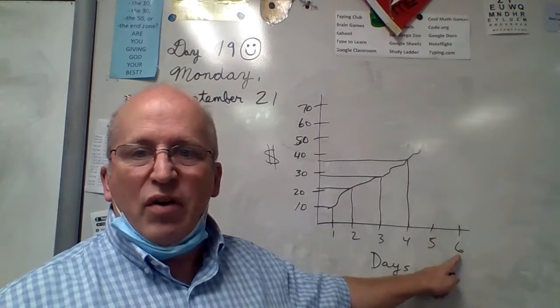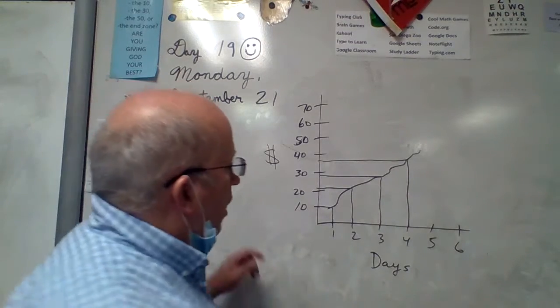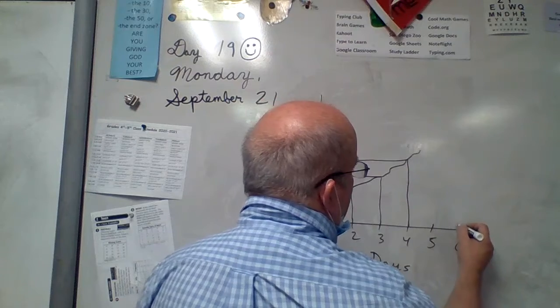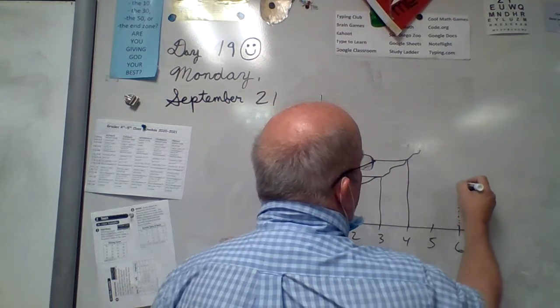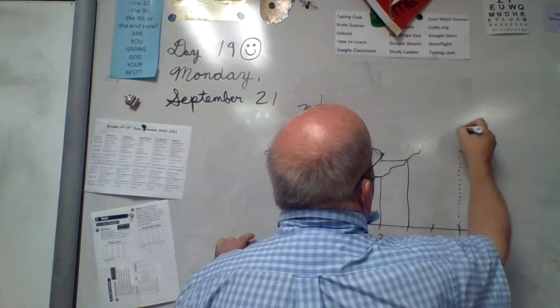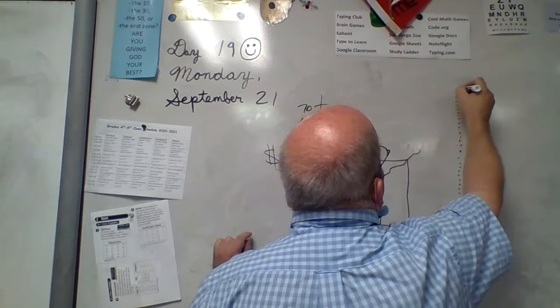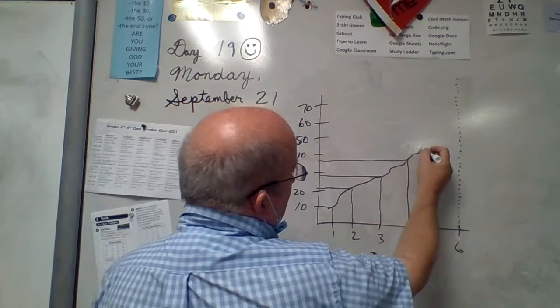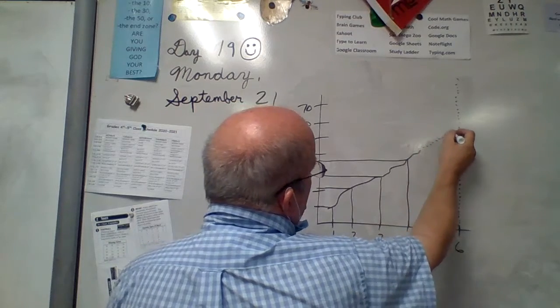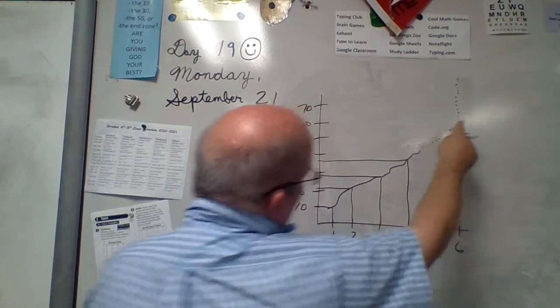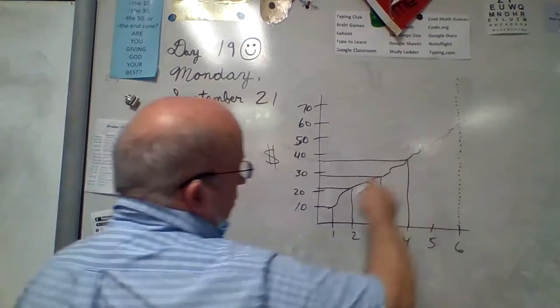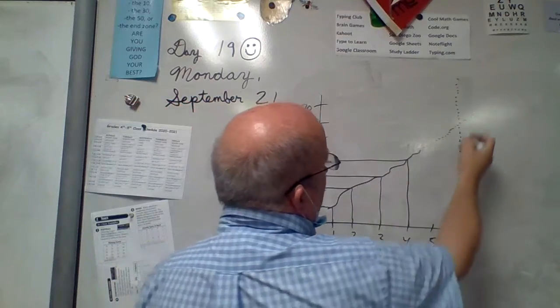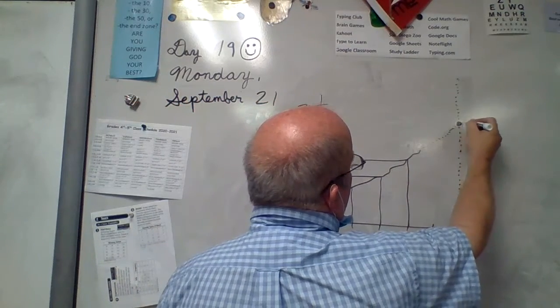$20? $500? Well, let's draw a dotted line going straight up from this 6. And then let's continue this line with another dotted line, approximately the way in which it's heading. And where do those two lines meet? They meet right here.